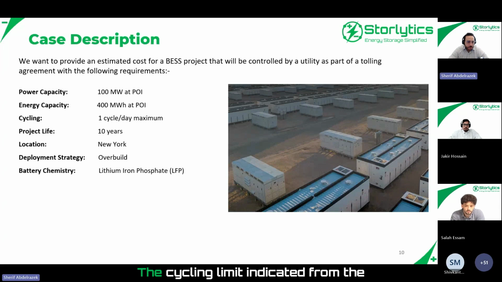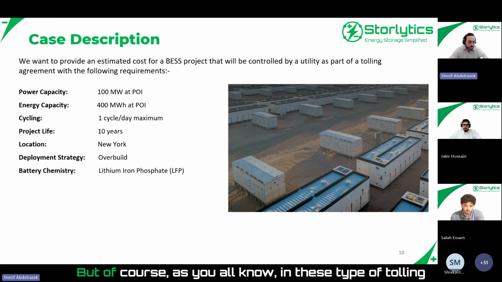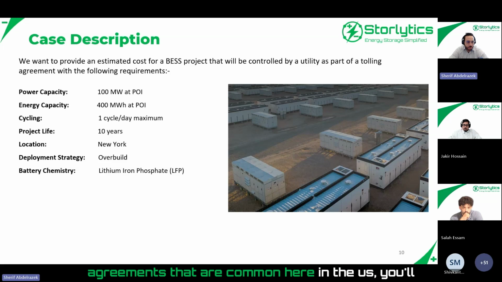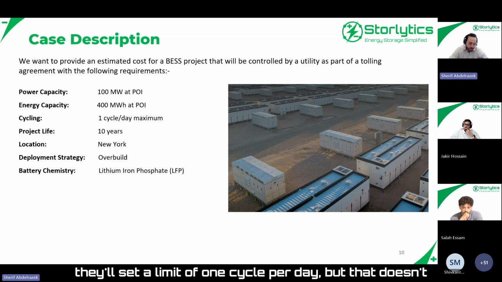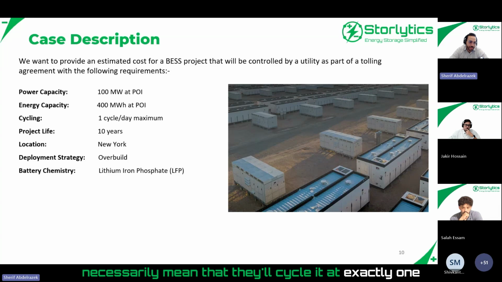The cycling limit indicated from the utility is 1 cycle per day maximum, but of course, as you all know, in these type of tolling agreements that are common here in the US, they'll set a limit of 1 cycle per day, but that doesn't necessarily mean that they'll cycle it at exactly 1 cycle per day.